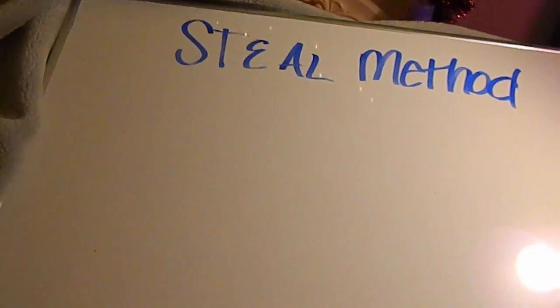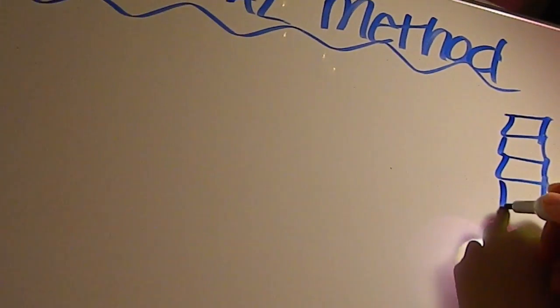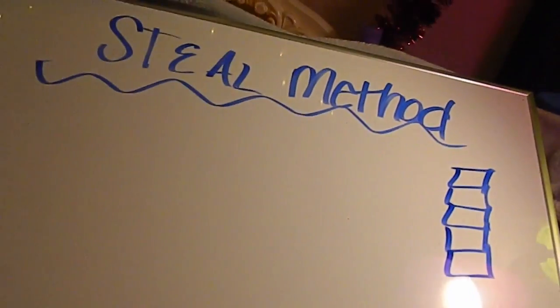Now the STEAL method is a way, if we went back to the cake metaphor, it is those layers to make that cake. And you will understand when we are done. Let's start with the S in STEAL.